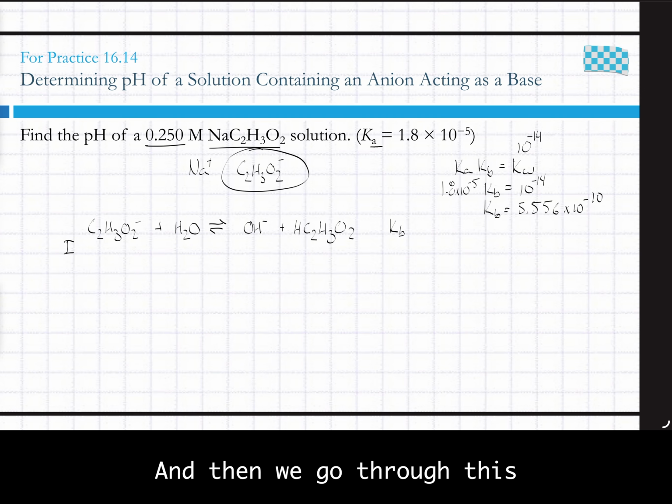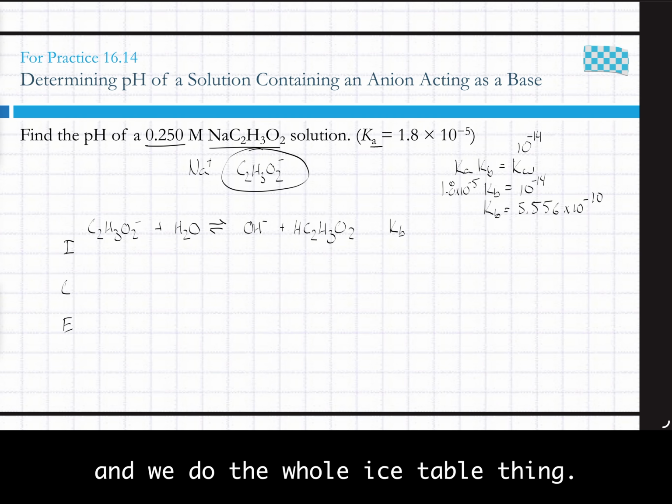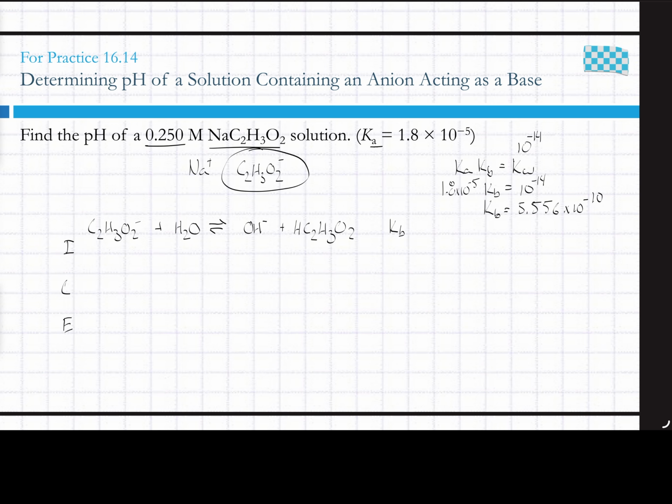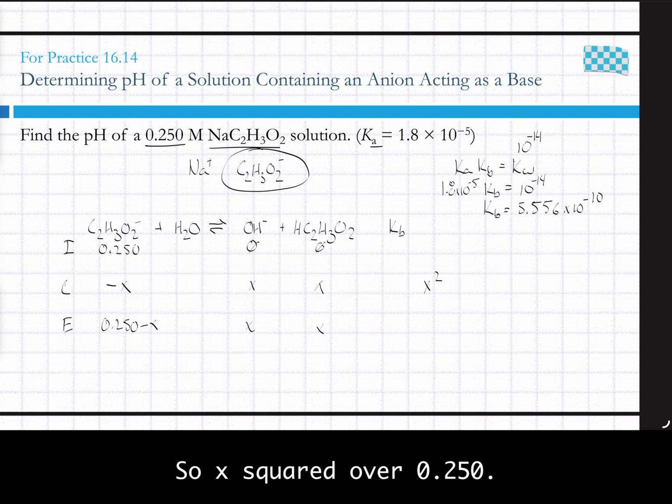And then we go through and do the whole ice table thing. Minus x, 0.250, minus x, 0, 0, x, x. So x squared over 0.250.